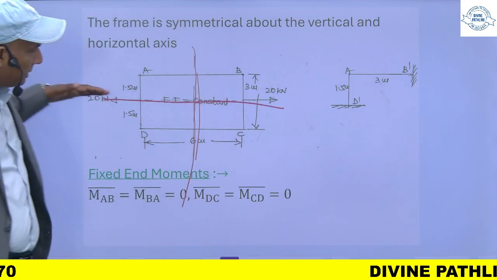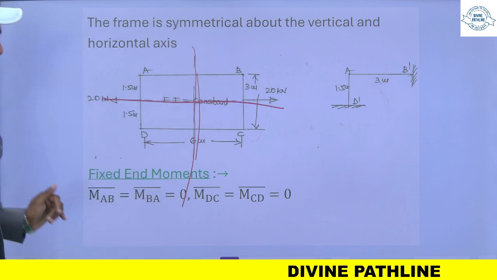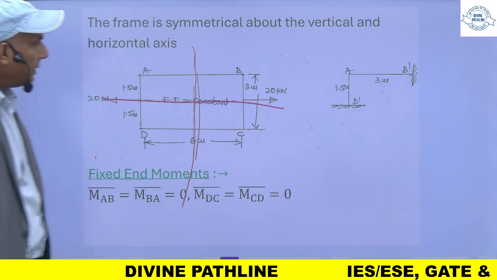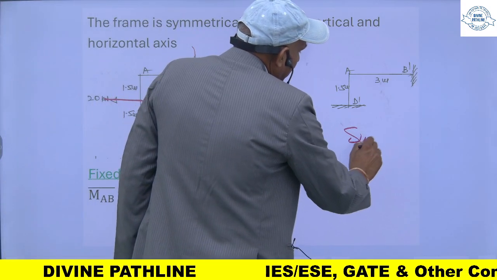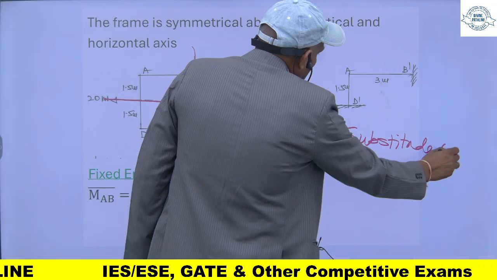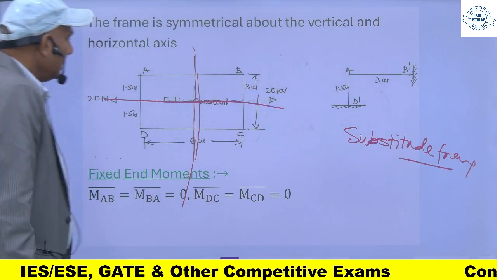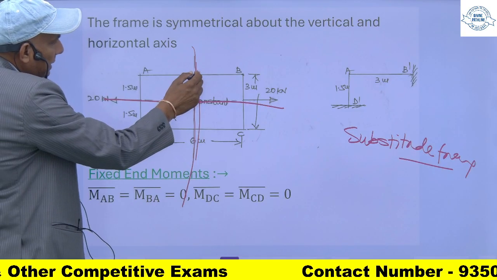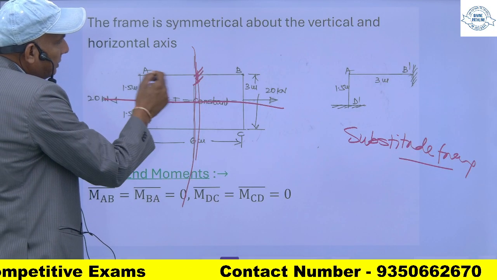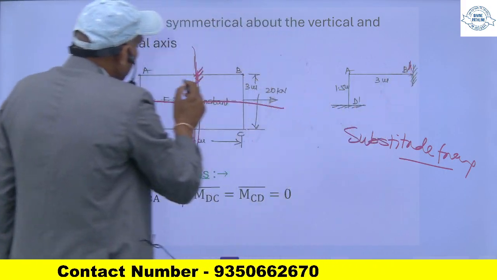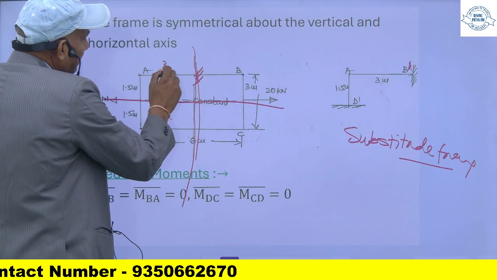This is symmetrical about the x-axis and y-axis. So in this way, I will make a substitute frame. This is my substitute frame, and I will consider this one. Half of this, say it will be B1, and I will take half of this, which will be 3 meter.